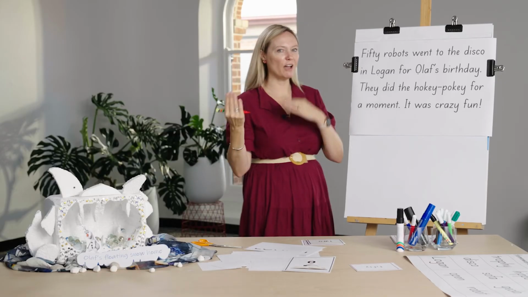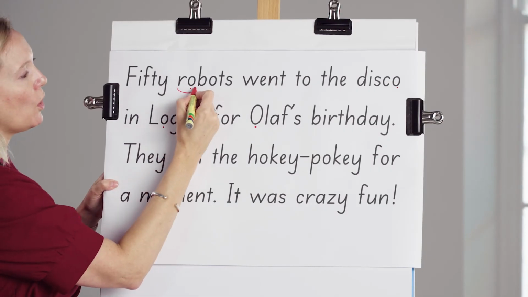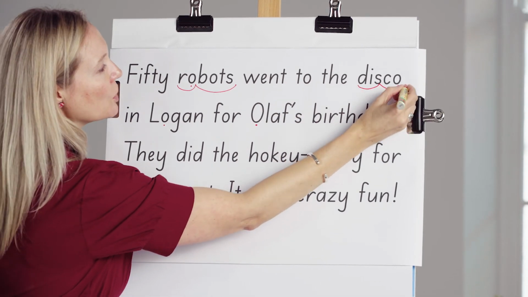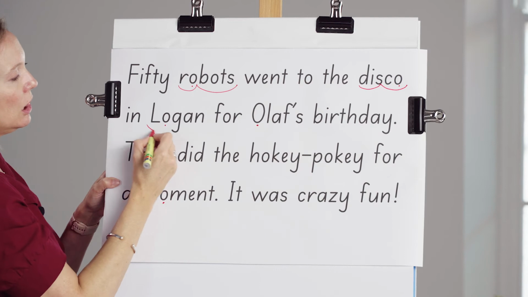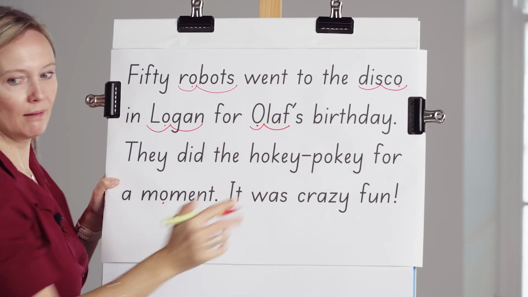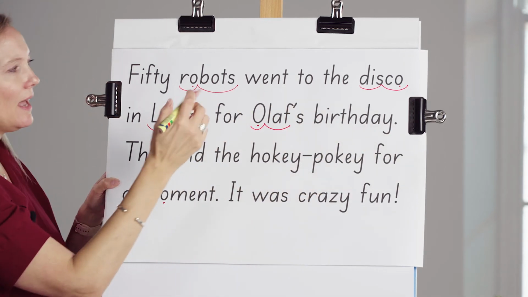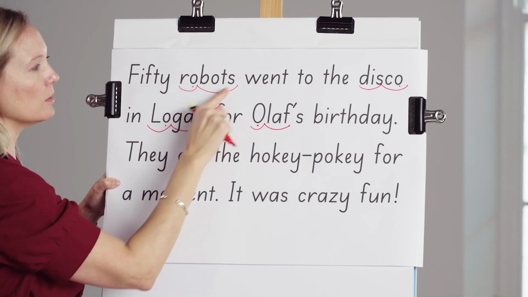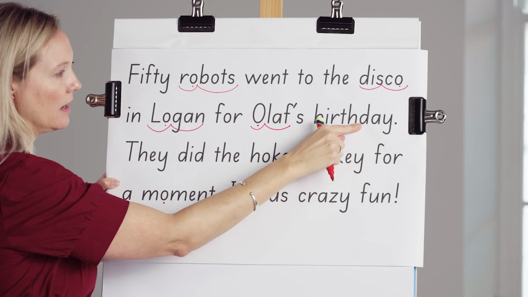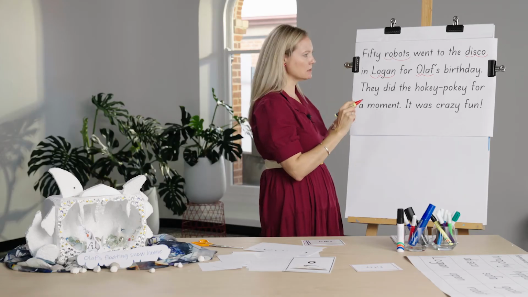It means 5 tens, 50. 50 robots went to the disco in Logan for Olaf's birthday. Let's read that again. 50 robots went to the disco in Logan for Olaf's birthday. Lucky Olaf, he's got 50 robot friends.